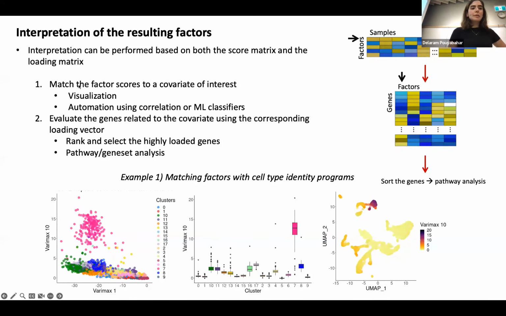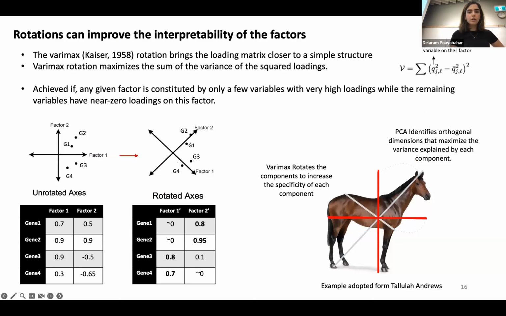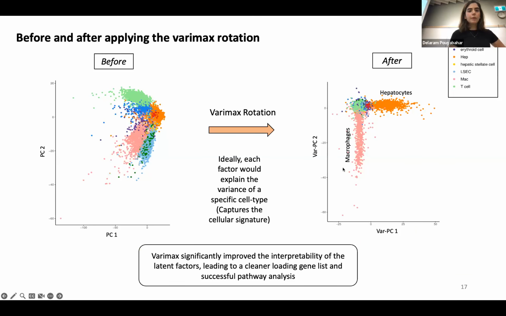What you want to do is to match the factor scores to a covariate of interest. Again, a covariate could be anything, like age, strain in the case study example that I was talking about, or cell types. So in this example, we were interested in identifying the cell identity program of hepatocytes or macrophages.